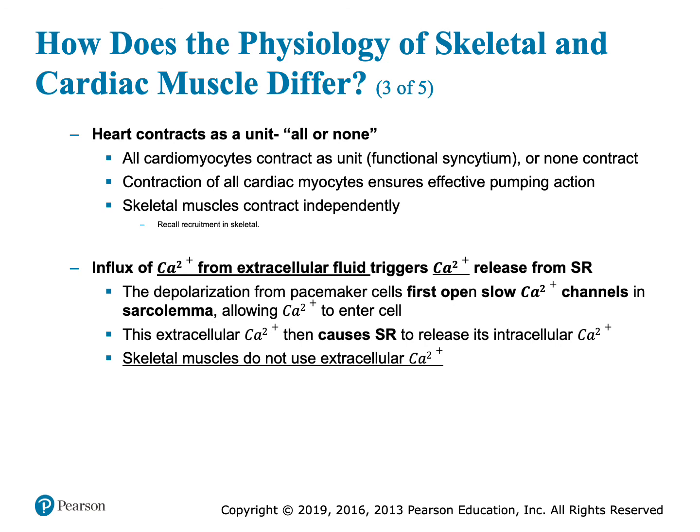Remember, sarcolemma, cell membrane, which allows calcium to come down into the cell, and then that's going to cause the sarcoplasmic reticulum to release intracellular calcium. If you remember, skeletal muscle doesn't use extracellular calcium. It all comes from the sarcoplasmic reticulum from an action potential that travels down those T-tubules.